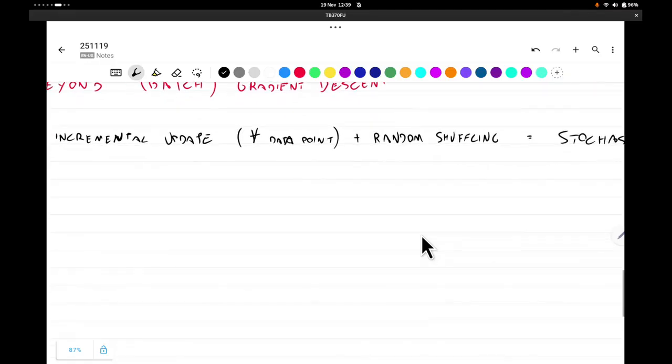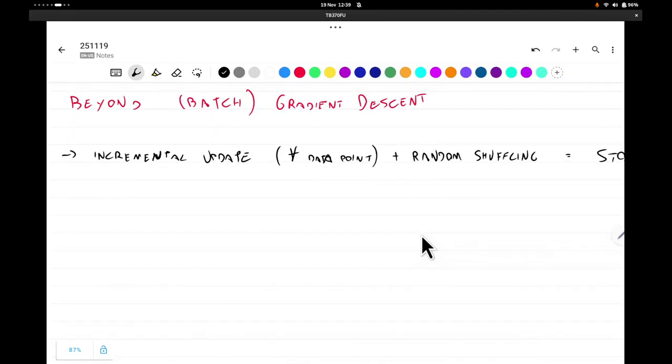Now, if one looks carefully into this stochastic gradient descent, the one in which you change the weights for each data point, you can still incur quite some sensitivity to the training data, to some specific training data that you may want to avoid.